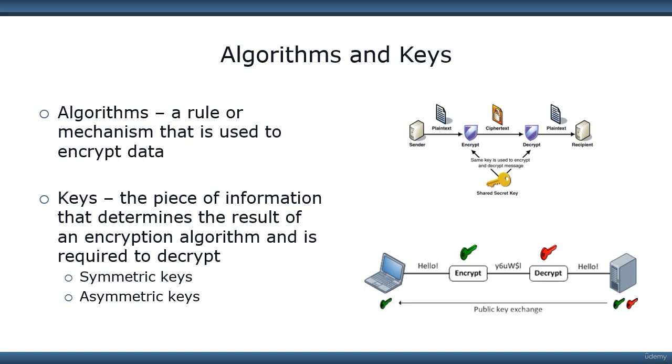Okay. When the client connects to the server, the public key is in the certificate, so it's accessible. So the client grabs the public key, it generates a session key, which is a symmetric key, that it now needs to securely get to that web server. So I'm going to use the public key of the web server to encrypt my session key and send it in an encrypted fashion.